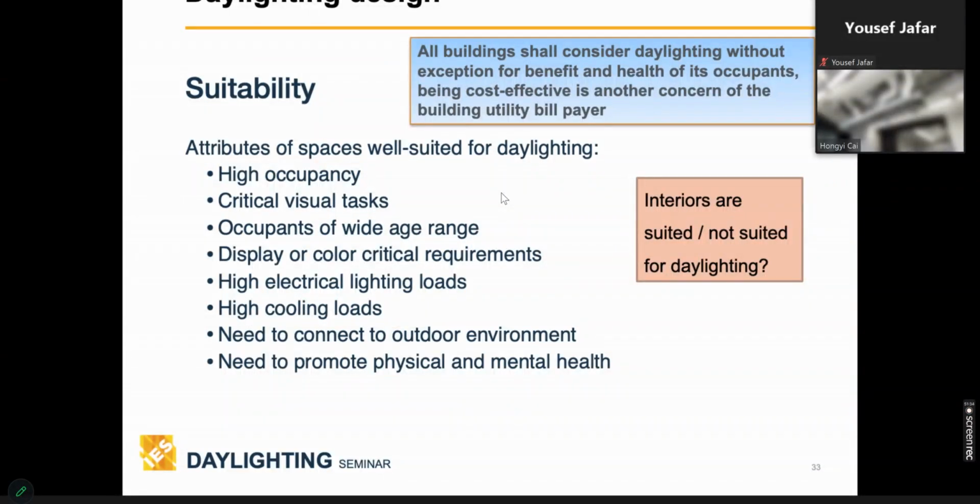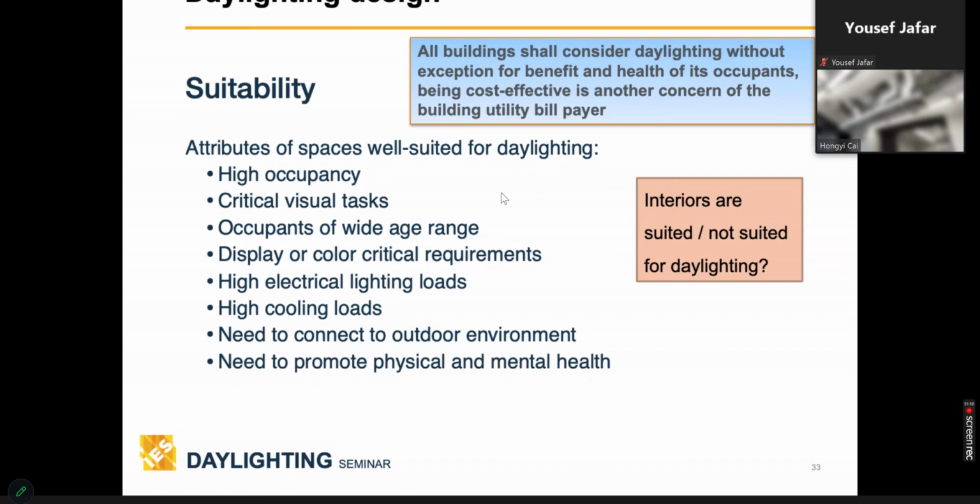So we have a few attributes for the space which we consider you should get better done for that space. They include high occupancy. If you have a space with a lot of people sitting over there, you should do that because you will get the most benefit for that space from the data. Okay? Or critical visual tasks, for example, if you do painting or drafting, you took the design studio course.